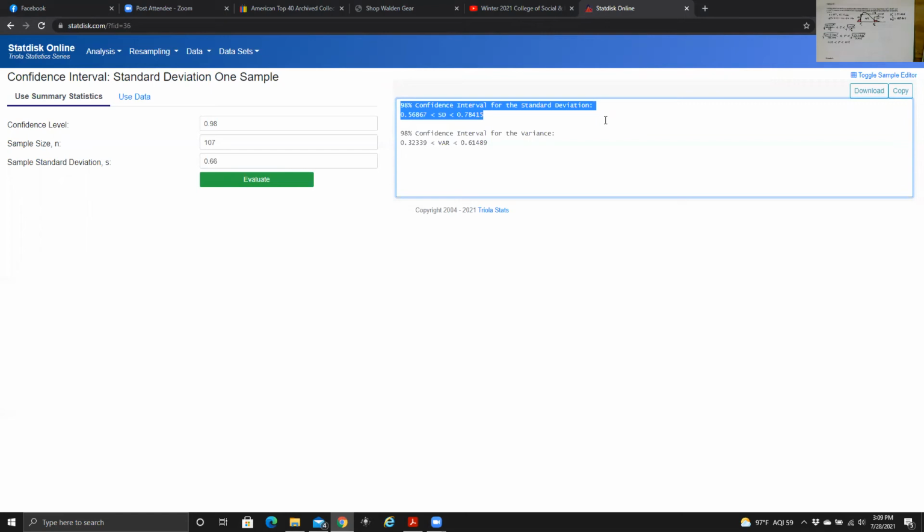Now, this is off by a little bit because we used a conservative degrees of freedom of 100. They're using the exact degrees of freedom of 106, since we entered the sample size, which was 107. So usually StatDisk does give us a more accurate confidence interval.